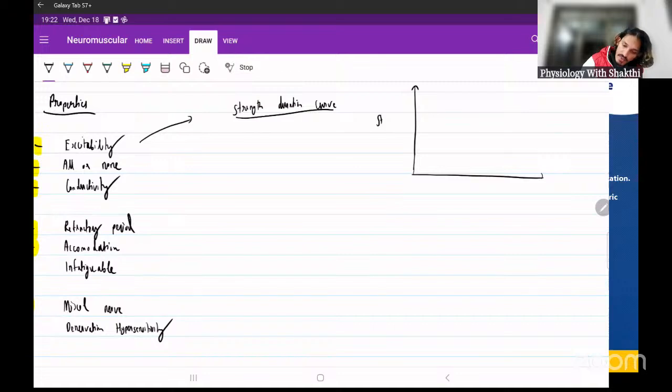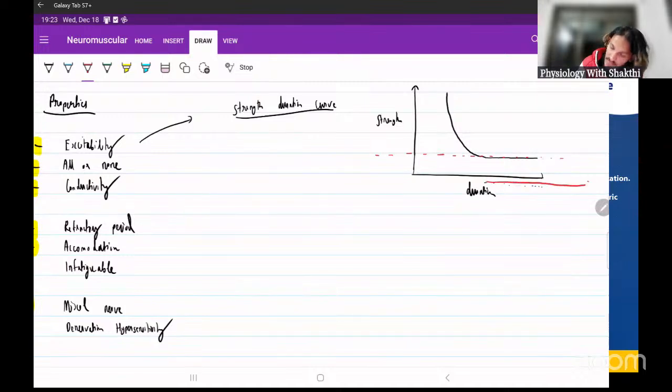The strength of the stimulus and the duration, how long you're going to give it. So usually this curve is going to be like this. There will be a minimum strength that you have to give, regardless of how much duration you give. Even for infinite duration, there should be a minimum strength of stimulus that needs to be given.